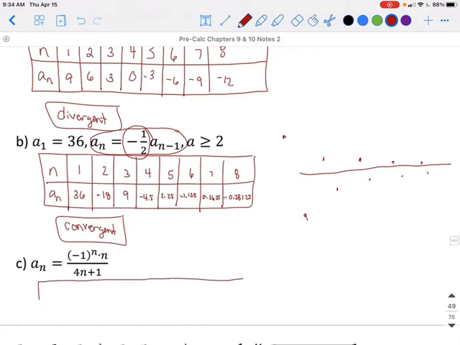For the next one, because this is an explicit formula, it just has n's, it doesn't have any a sub n minus 1's, you can put this directly into your calculator.